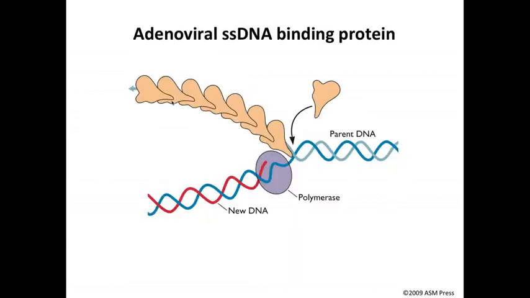This is just a look at this adenoviral single-stranded DNA binding protein and how it works as the polymerase is synthesizing new DNA. That's shown in red on the blue template. The DNA moves along, and here we have strand displacement.